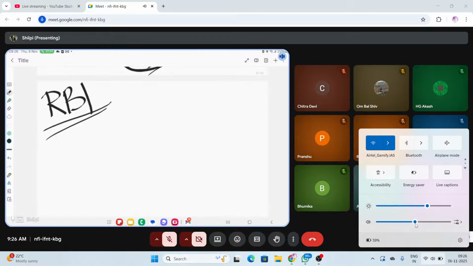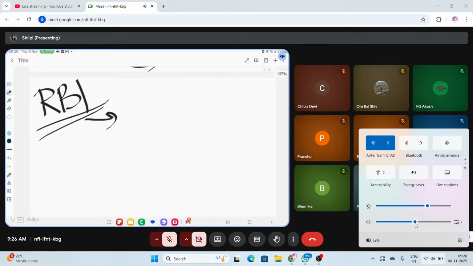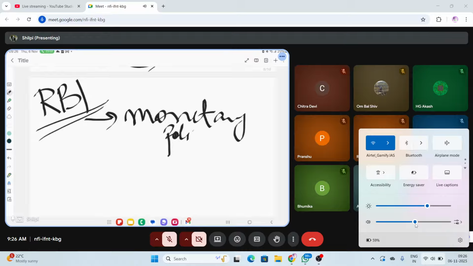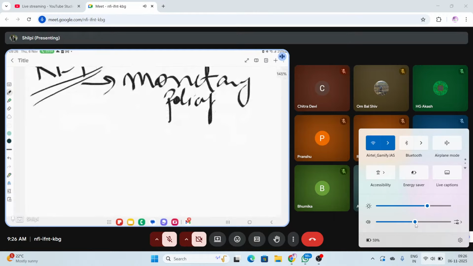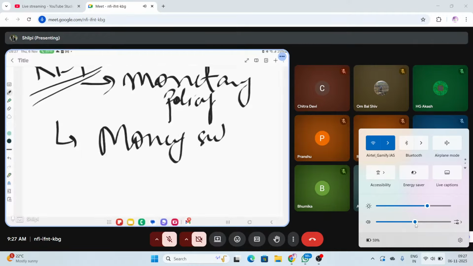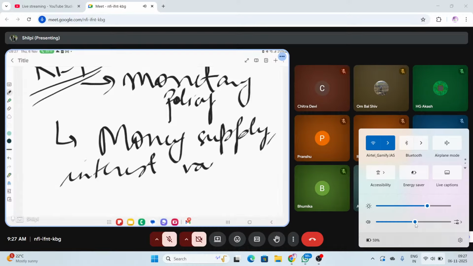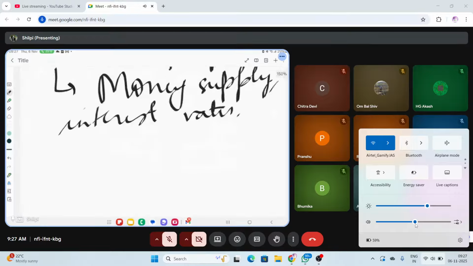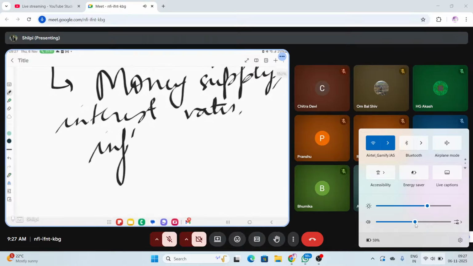If I talk about RBI, as I just told you, it is responsible for monetary policy, and it is to manage the money supply along with the interest rates, along with inflation and other things.